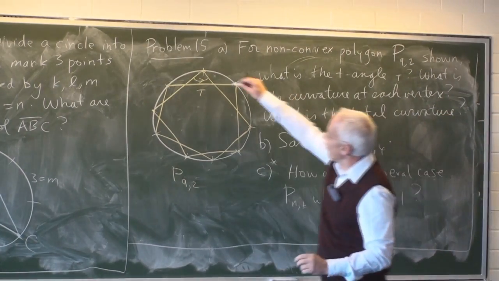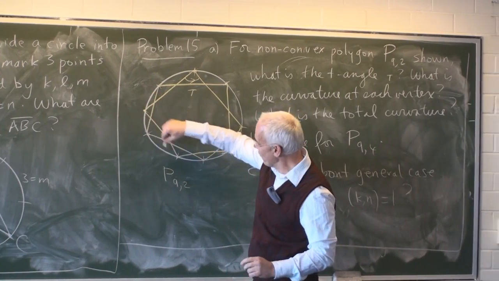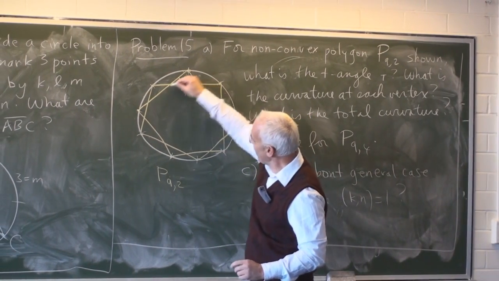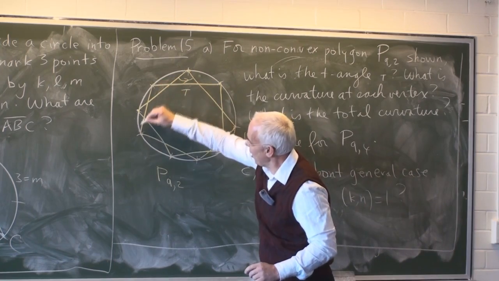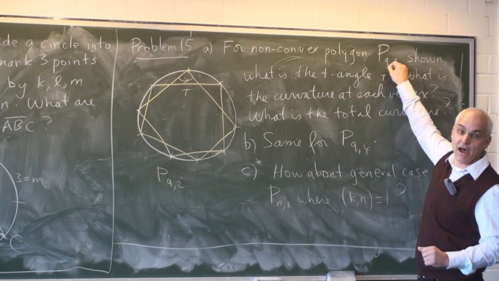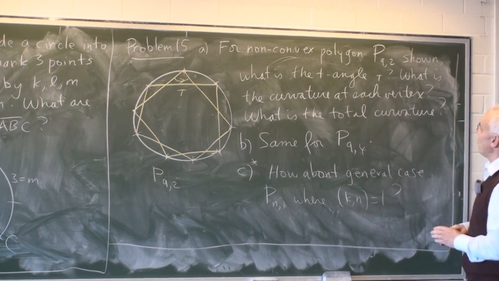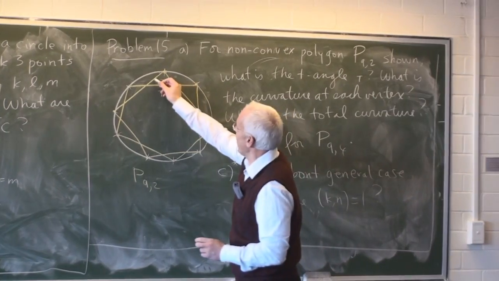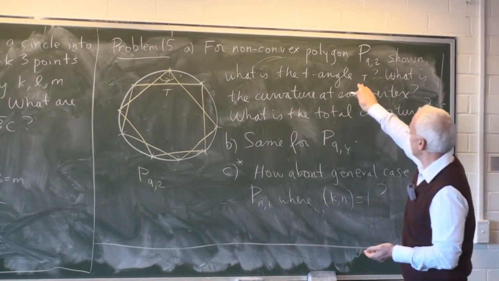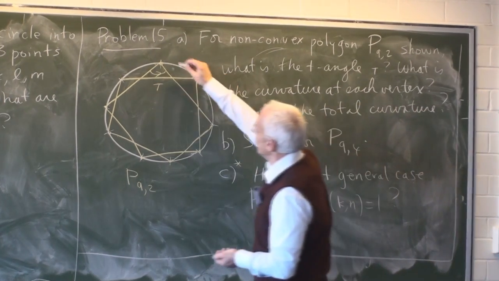In problem 15, we also have a regular subdivision of the circle, in this case into 9 pieces. And we are going from one piece over 2, and then over 2, and then over 2. So that's a non-convex polygon with 9 sides, which we might call P9,2. And that non-convex polygon has a turn angle of some tau. And I ask, what is that turn angle? And what is the curvature at each vertex?